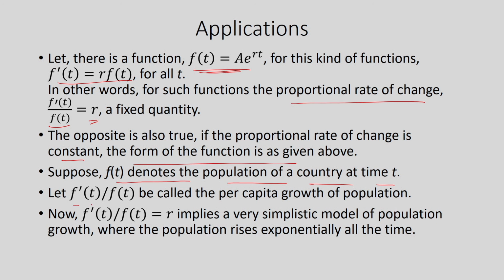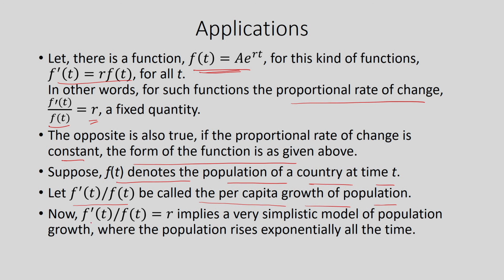Now, what is f dash of t divided by f of t? We can call this the per capita growth of population, or per capita rate of change of population. I am taking f dash, which is the change per unit of time, and dividing that by the original population. So that will give me the per capita growth rate of population.